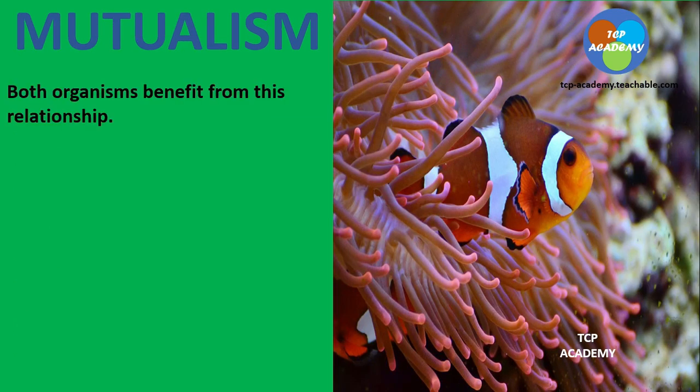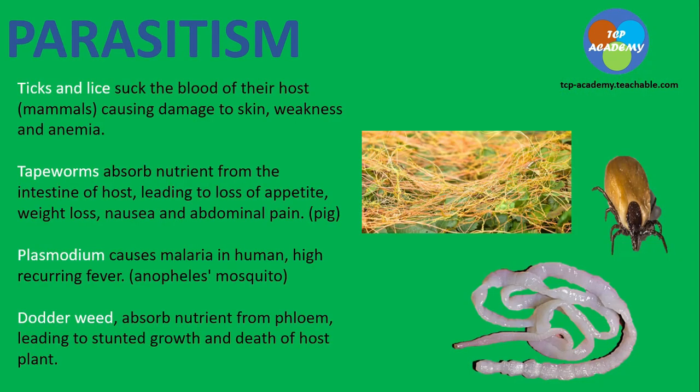Mutualism. Both organisms benefit from their relationship. Interesting. Let's look again at parasitism. Here the parasite is benefiting and the host is being harmed. The question is, a baby suckling or feeding from its mom, the mom would not have eaten, but milk is still being produced.